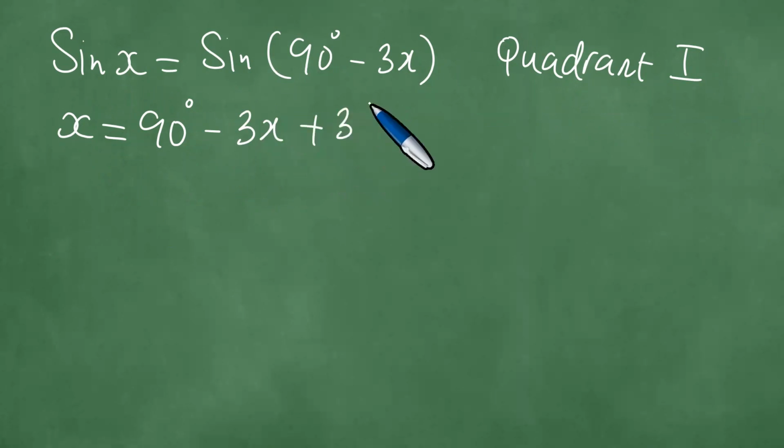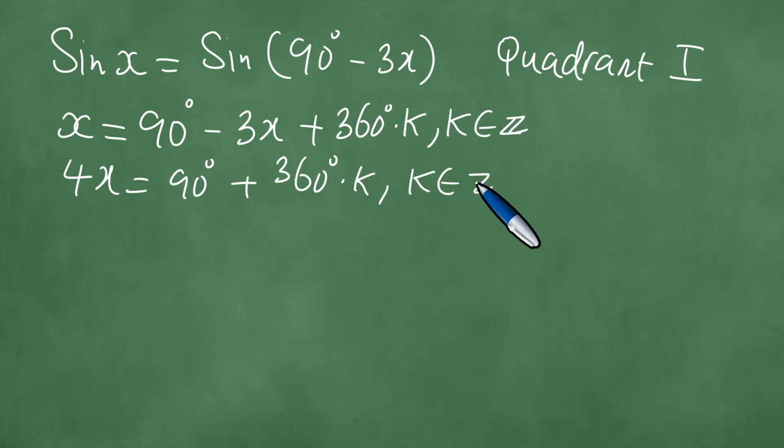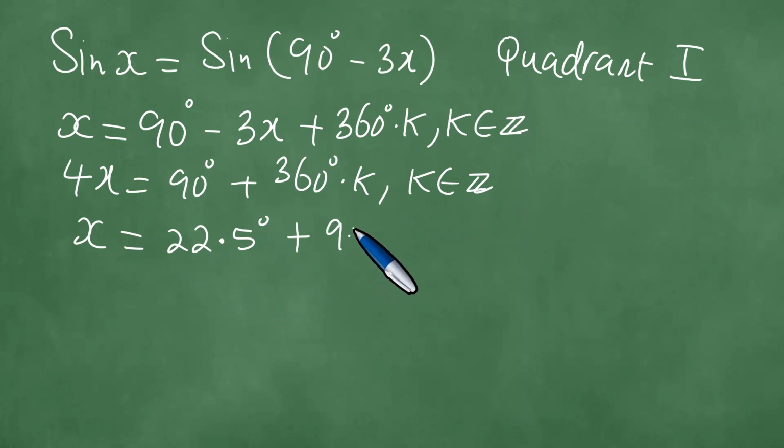We add to this 360 degrees by k, k in z, which means we have 4x equals 90 degrees plus 360 degrees by k, k in z. Dividing both left and right by 4 gives us x equals 22.5 degrees plus 90 degrees by k, where k is an element of the set of integers.